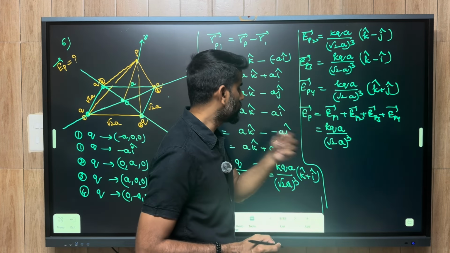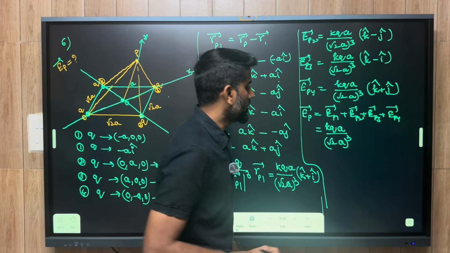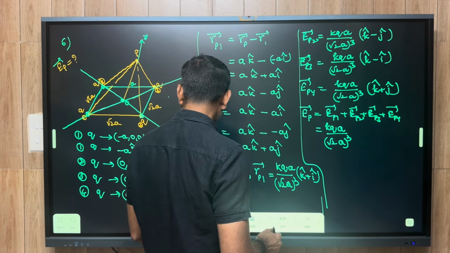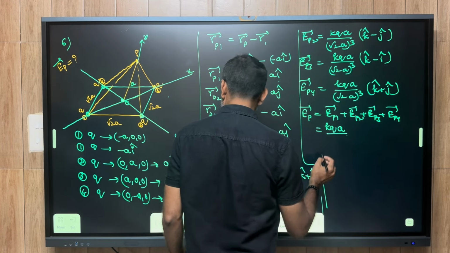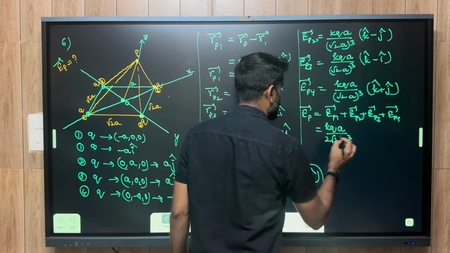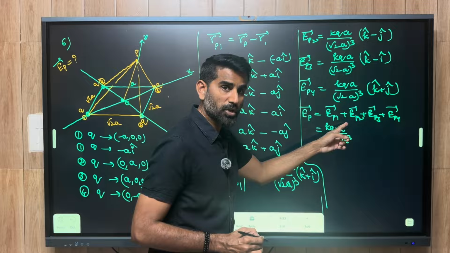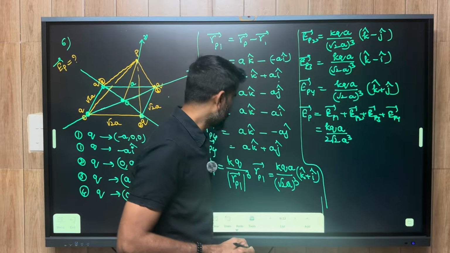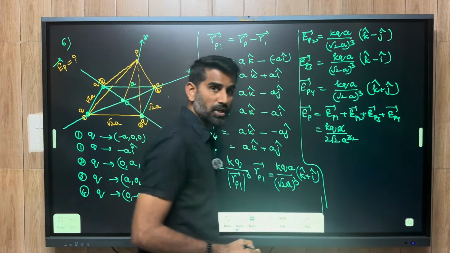Root 2a whole cube can be written as 2 root 2 a cube. We have a on the numerator and a cube in the denominator. If I cancel these terms, we will have a square in the denominator.